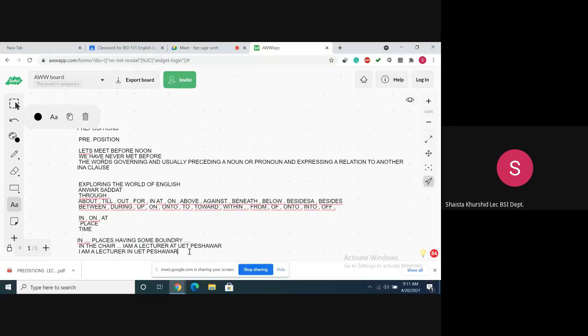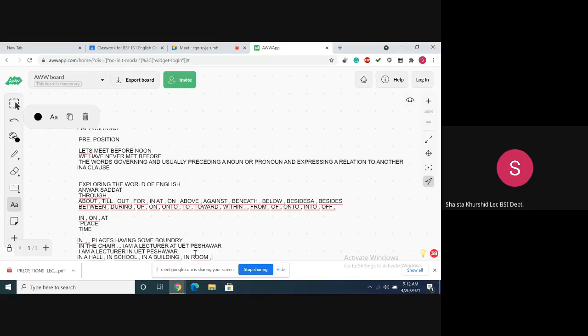But basically whenever we have the surroundings, we normally use in. Okay. For example, in a hall, in school, in a building, in room, okay.